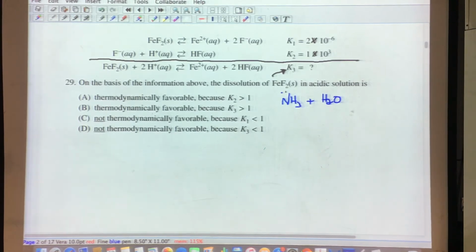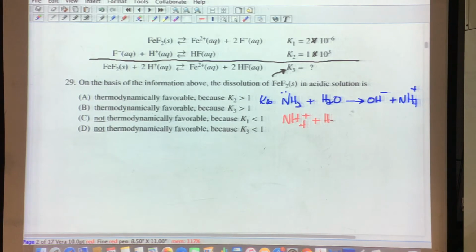That's a weak base that pulls an H away from the water, ionizes it, makes the hydroxide, and makes the NH4 plus. And this would have a Kb. Then I took the conjugate acid of this, NH4 plus, and put it in water. And what did it make?